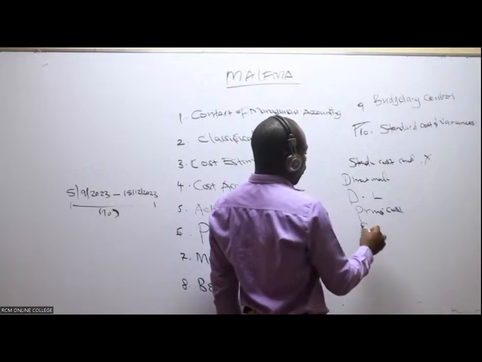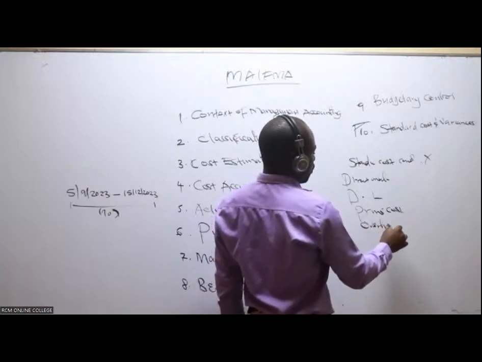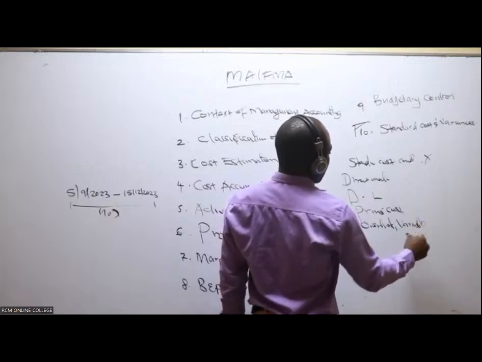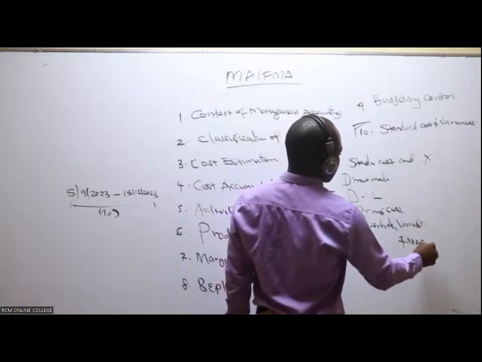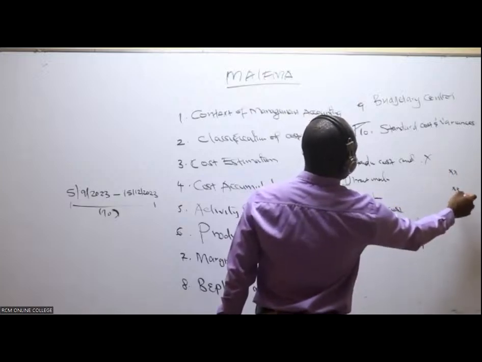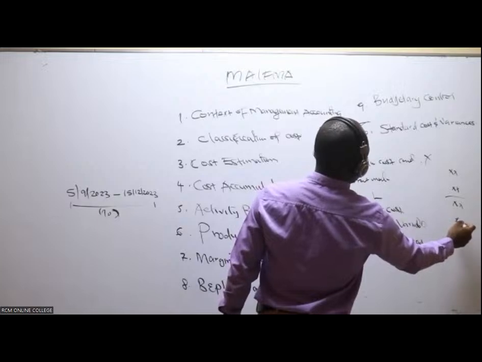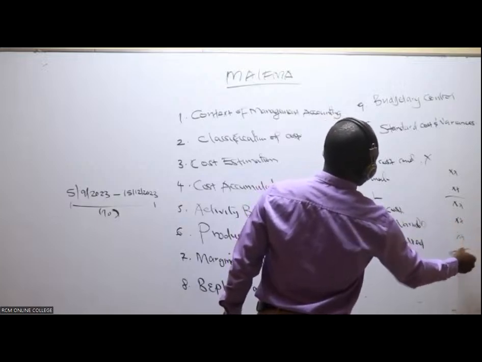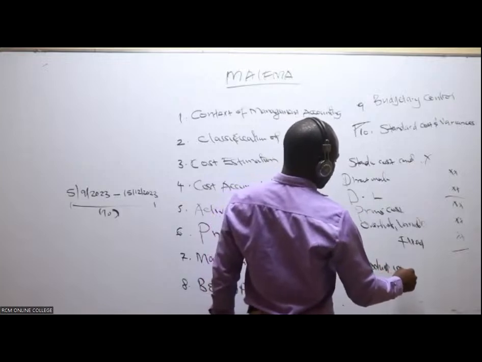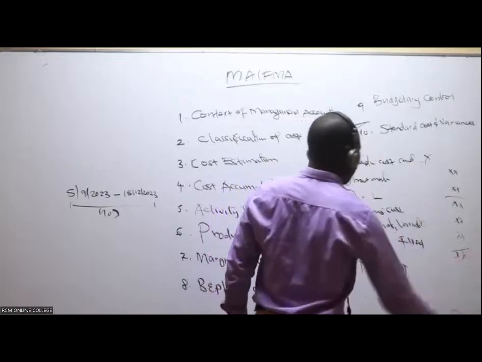Then you add now overheads. These overheads, we have variable, we have fixed. So when you have your direct material per unit of that, you get your prime cost, variable cost, fixed cost. Then you're going to get what you call product cost. You have it there.